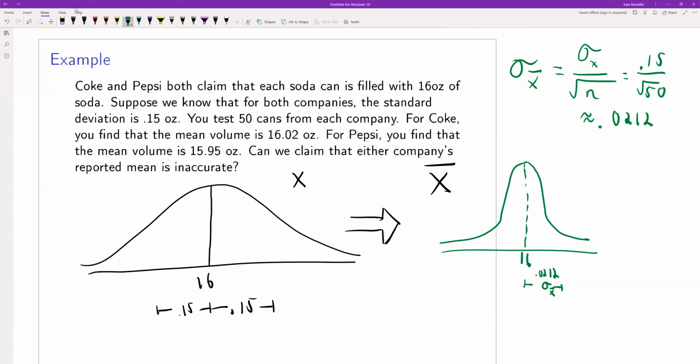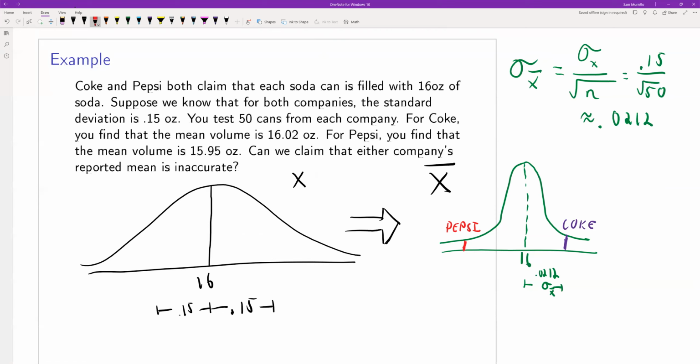Using all of this, we can now try to look at what's going on. Coke's right here, and Pepsi is over here at what we calculated for their sample.